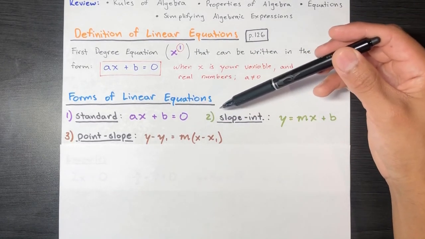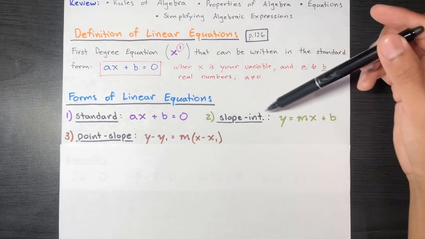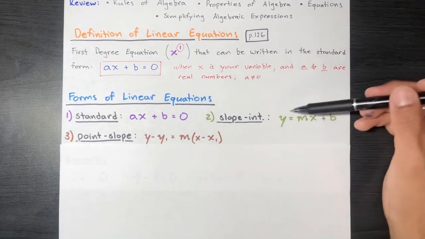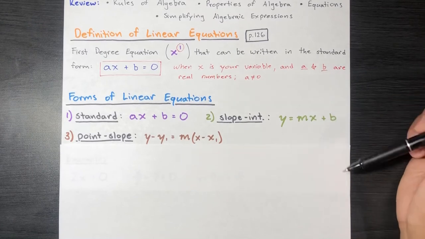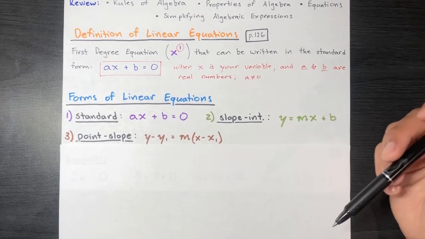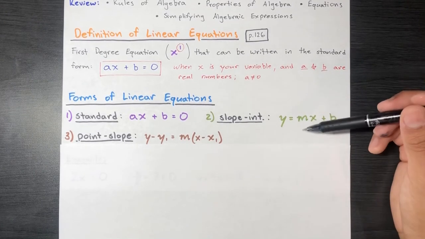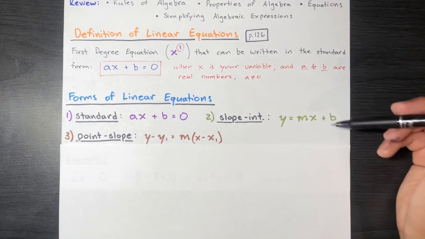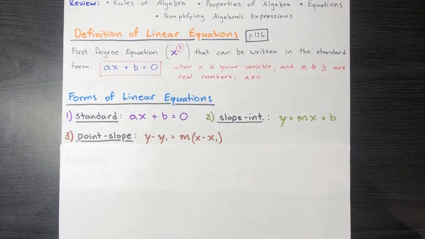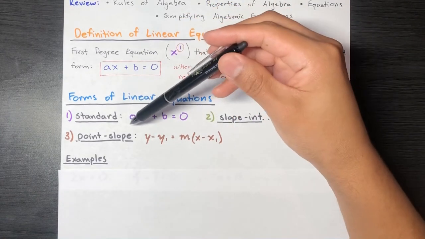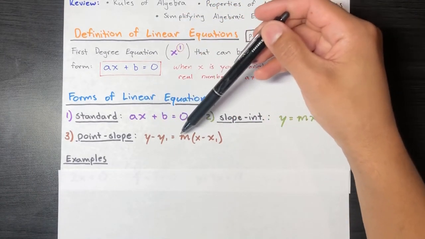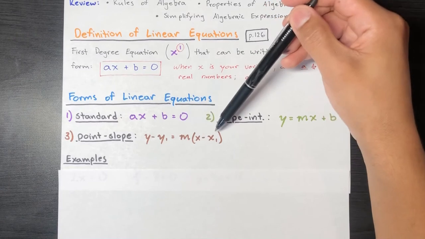The second type of linear equation is the slope-intercept form. This is probably the one that you're most familiar with because it's the one you use most commonly for graphing. So just remember that y equals mx plus b. And the third one is your point slope form, which is y minus y1 equals m times x minus x1.